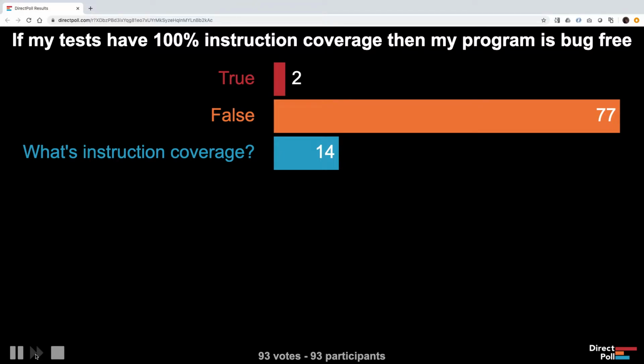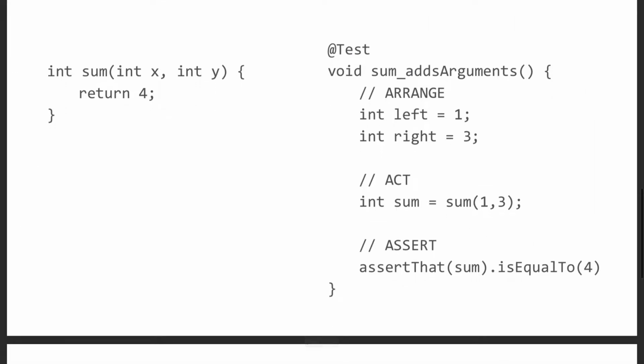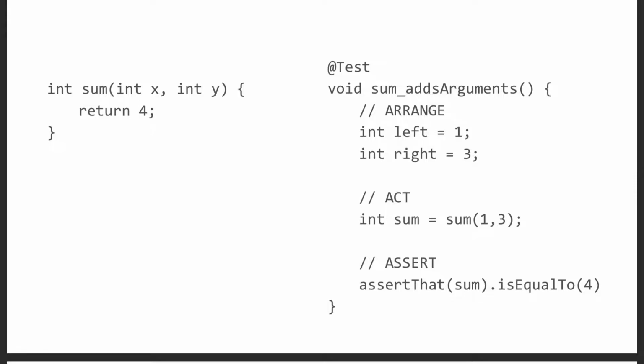Chime will tell you off if you don't have enough instruction coverage in your test, so it's an important thing to understand. For the two of you who think that 100% instruction coverage means your program is bug-free, I'm really sorry, that's wrong. Here is a program.